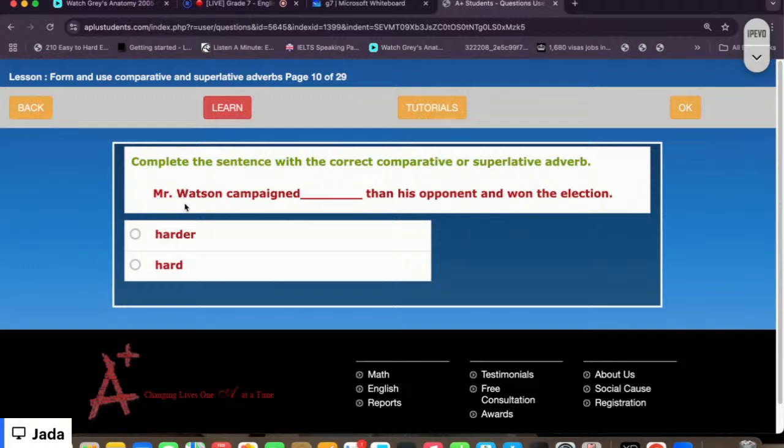Okay. Mr. Watson campaigned dash than his opponent and won the election.